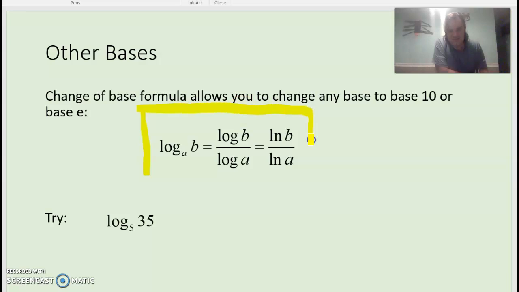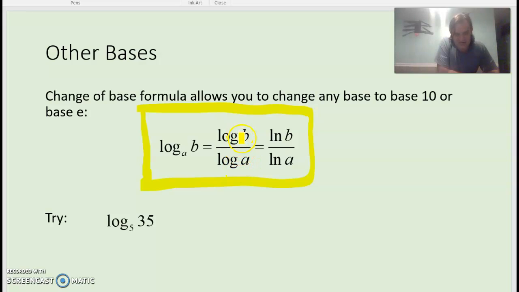And technically we can change a logarithm of any base to any other base that we want. But since our calculator really only likes 2 bases, base 10 and base E, we're going to stick with those 2. So the change of base formula is log base A of B, and that could be changed to log of B over log of A.